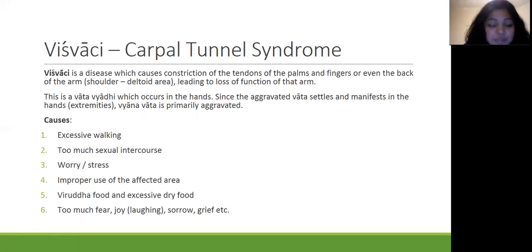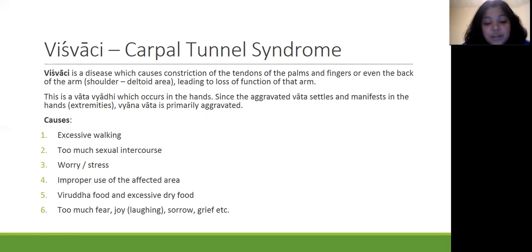In fact, Vishwachi is one of the Vata Vyadhis that have been described. So it can occur due to aggravation of Vata that settles and manifests in the hands, or basically the extremities. And because it's settling in the extremities, it indicates an association with Vyana Vata.